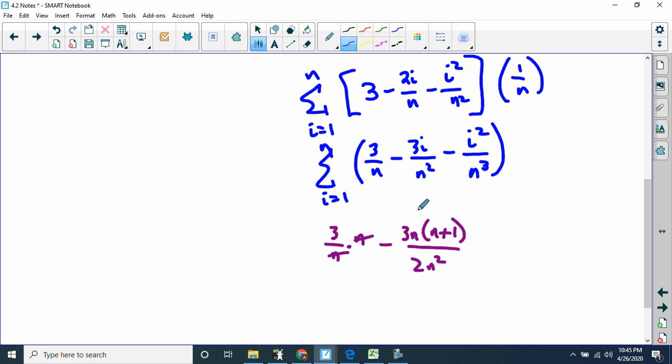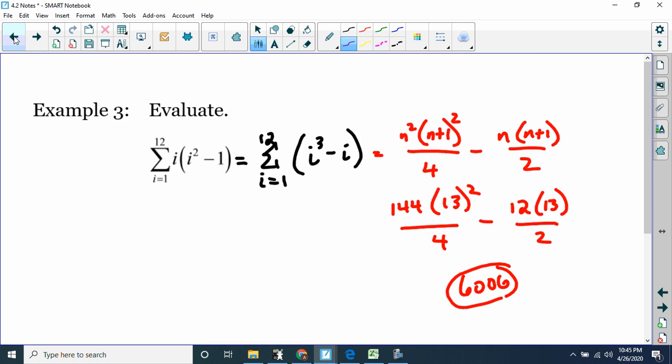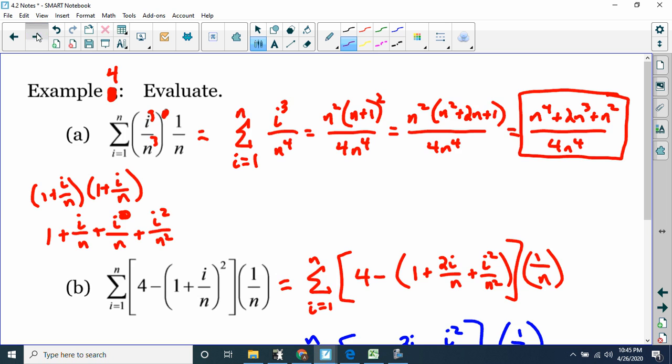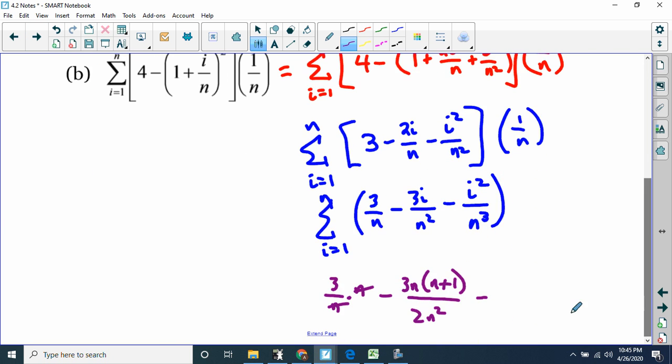So I replace the i with this n plus 1 over 2, the 3 I just left on top, the n squared I just left on the bottom. And the i squared, I need to replace it with its rule. The i squared rule is n times n plus 1 times 2n plus 1, all over 6. I'm going to leave that n cubed on the bottom.